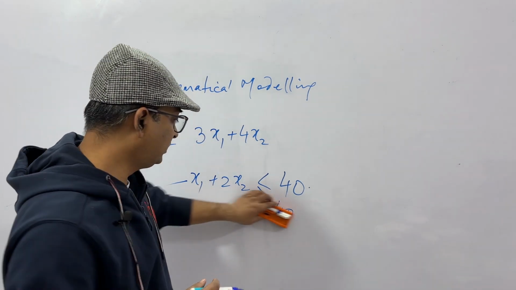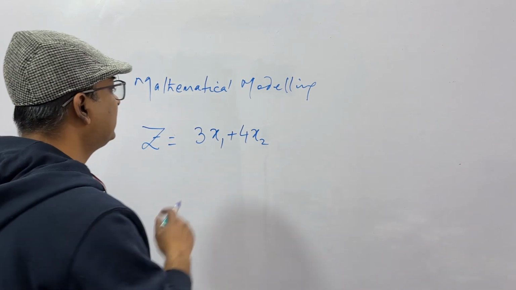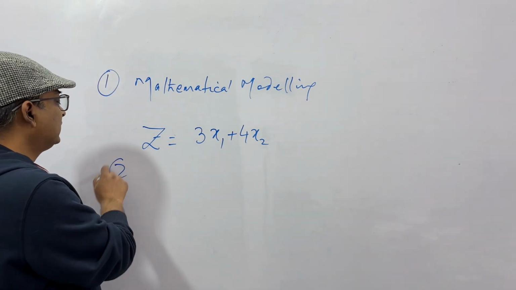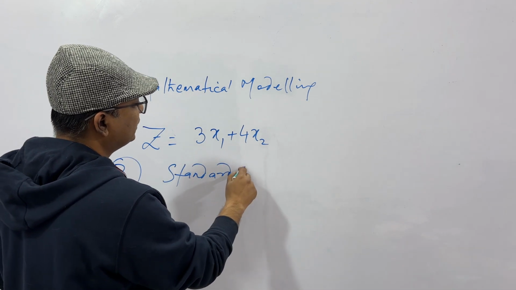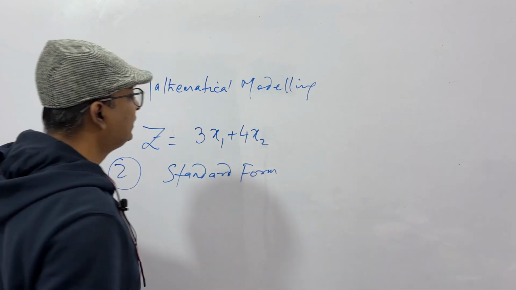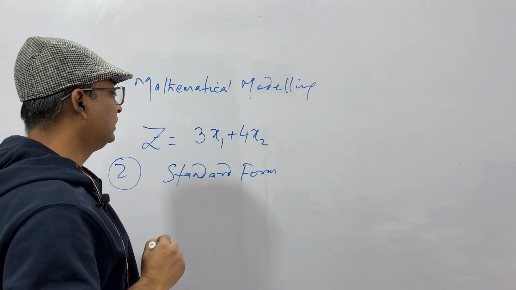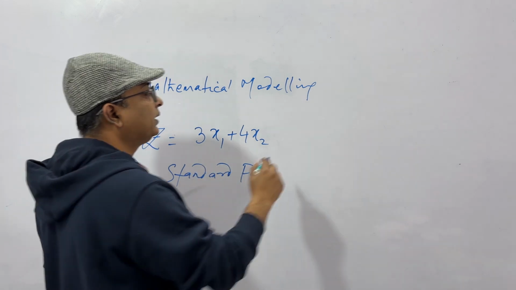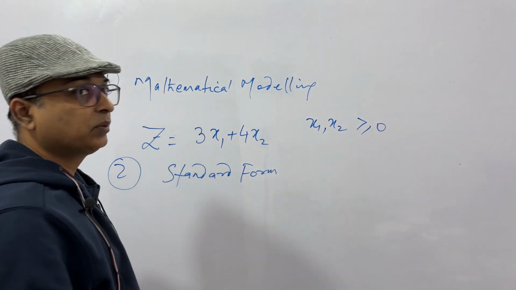We have seen up till now how to convert a mathematical expression into standard form. Now, second thing that we need to know is standard form of expression. If we have equations, we don't have any problem. The only thing to consider is that the variables, these x1, x2 and all, should be greater than or equal to 0.